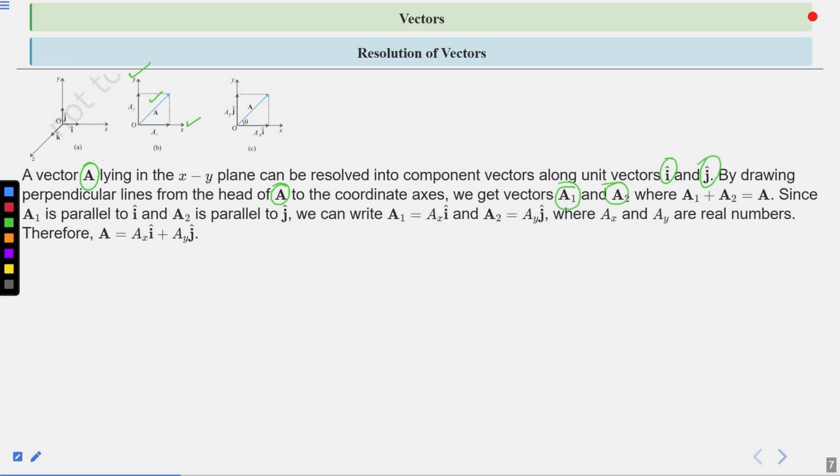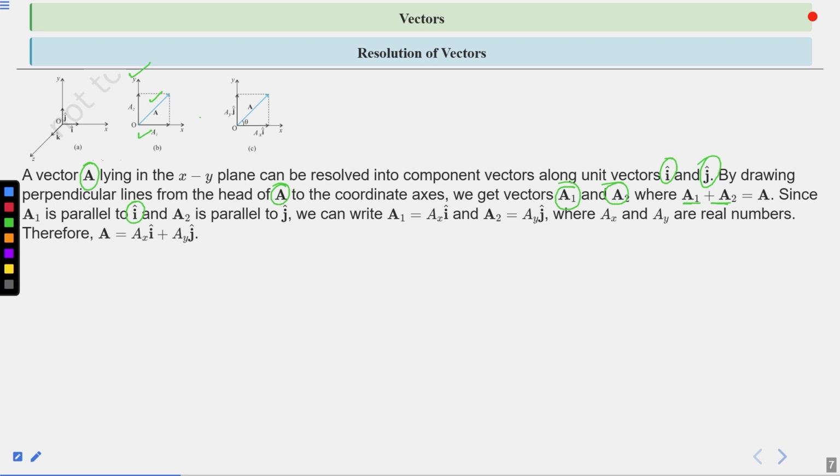Look here, A1 and A2. A1 is perpendicular to the y-axis, where the relation is A1 vector plus A2 vector is equal to A vector, and A1 vector is parallel to i cap. A1 vector is parallel to i cap because i cap is directed along the x-axis.